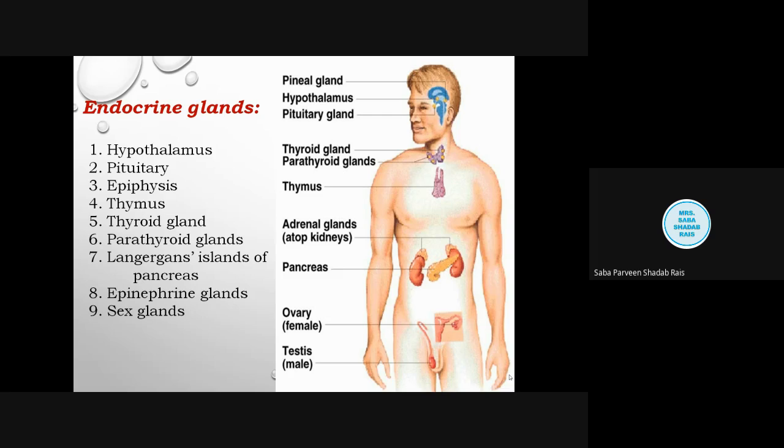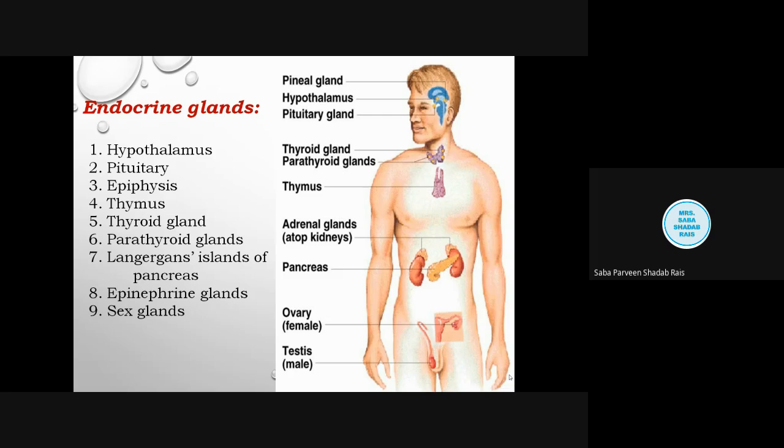Then the epiphysis, also called the pineal gland, thymus, thyroid, and parathyroid glands. Then the pancreas, but your pancreas has two functions, exocrine as well as endocrine. Exocrine means it has ducts, the pancreatic duct. You just recall, we have learned about pancreatic juice which helps in digestion.